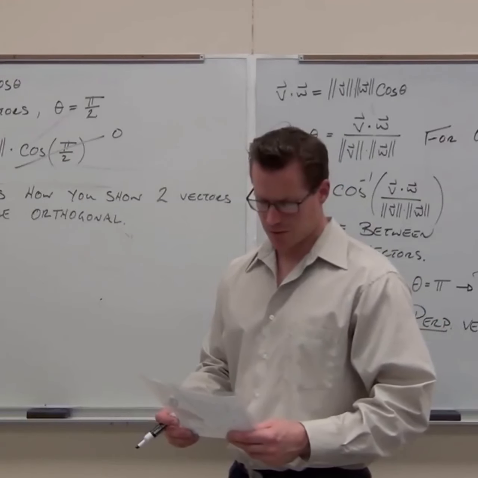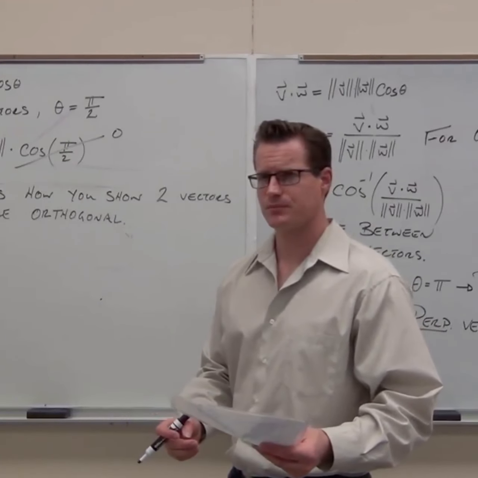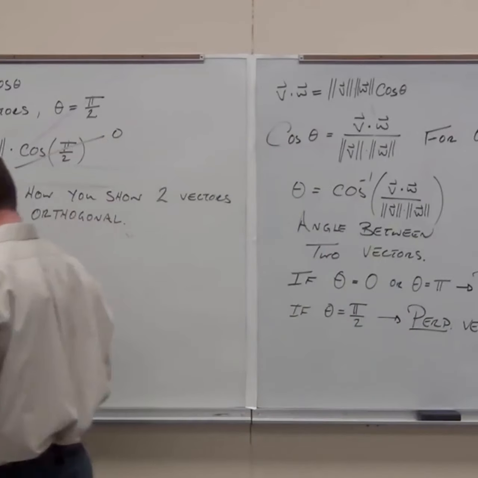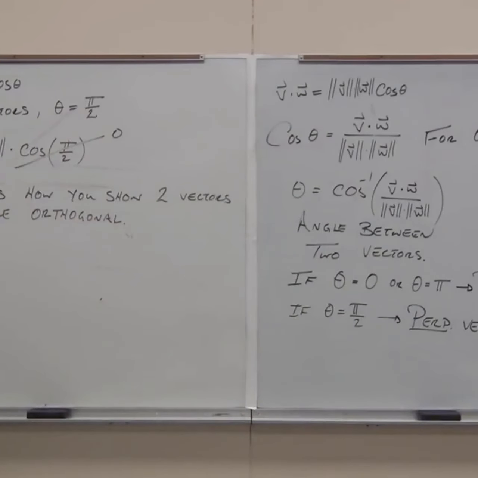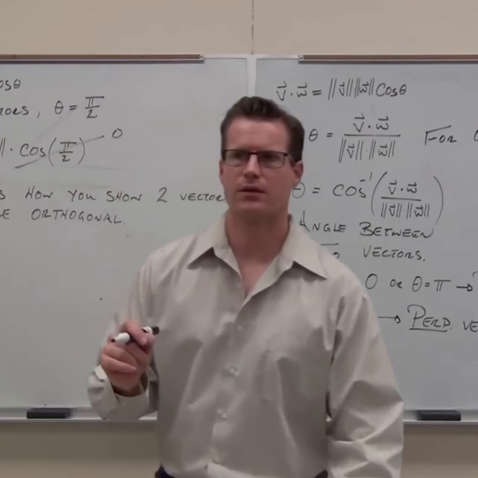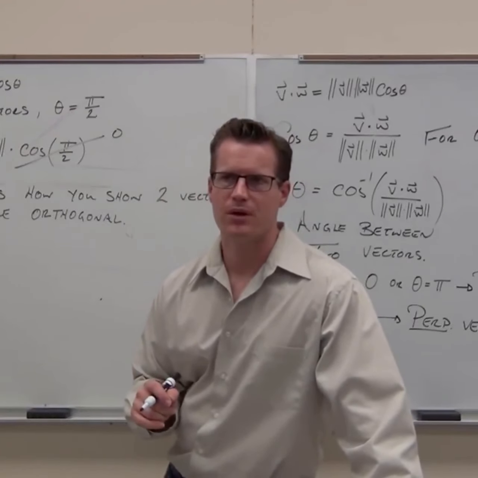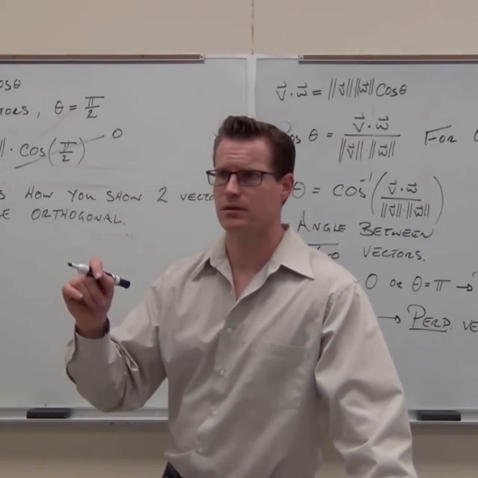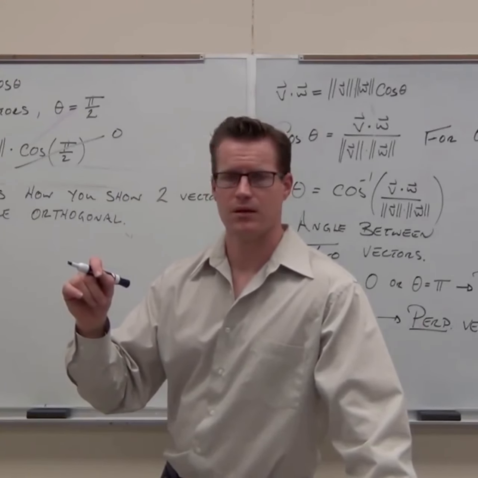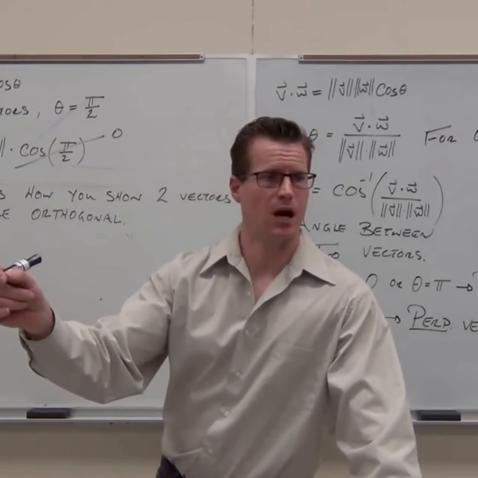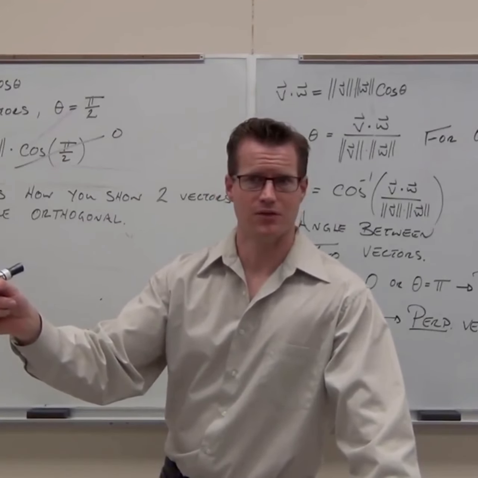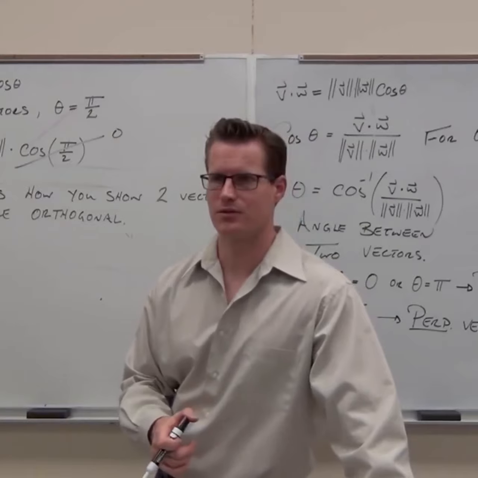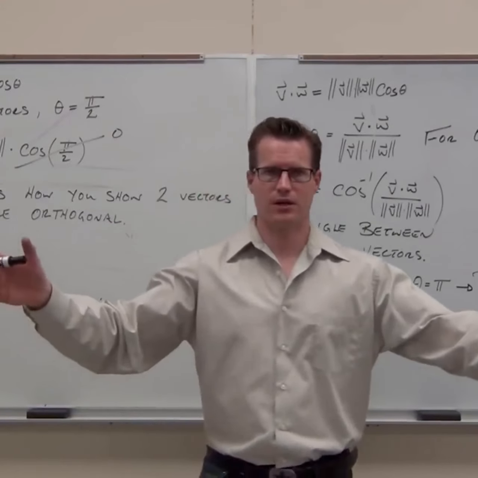A couple other things. I want you to think about this for a second. You know what I, J, and K are, correct? Yes. Tell me the relationship between I and J and I and K. I and J are perpendicular. How about I and K?